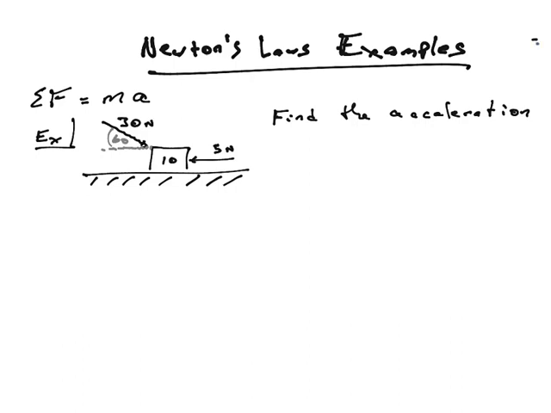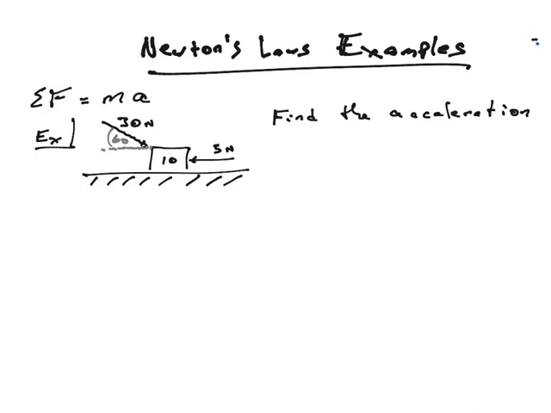All right. So this is a Newton's law equation because it deals with forces acting on an object, and I want to calculate an acceleration. So that tells me automatically I'm using F equals ma. The first thing I should do is notice that one of the forces in my problem is at an angle, and that's bad.